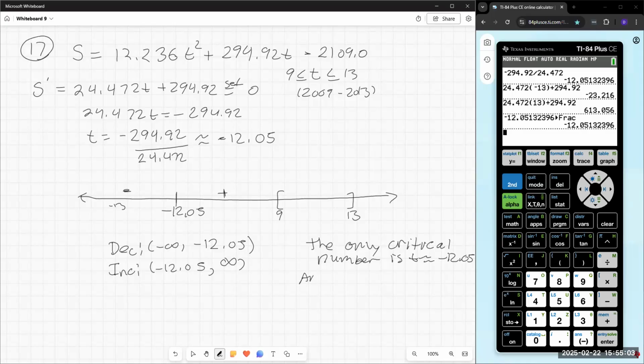Any t greater than negative 12.05 produces a positive value for S prime, or you can call that ds dt.